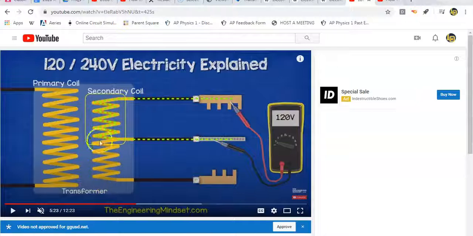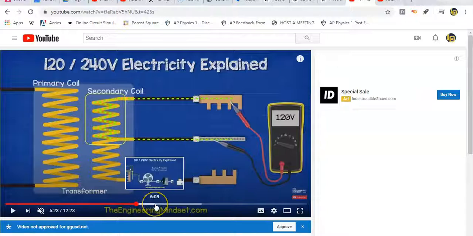Say the current in these loops is going up, okay? Then this loop is going to be having a clockwise current, so it's going to the left through this wire. But if it's going up, then this current wants to go this way, clockwise, which is to the right through this wire. And you can actually have less current going through your neutral wire than either of these. In fact, yeah, so there's a reason there's a neutral wire there.